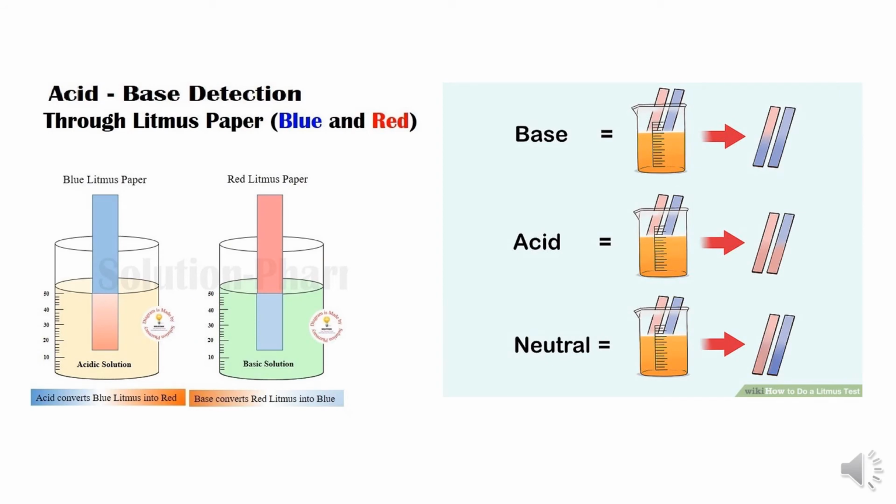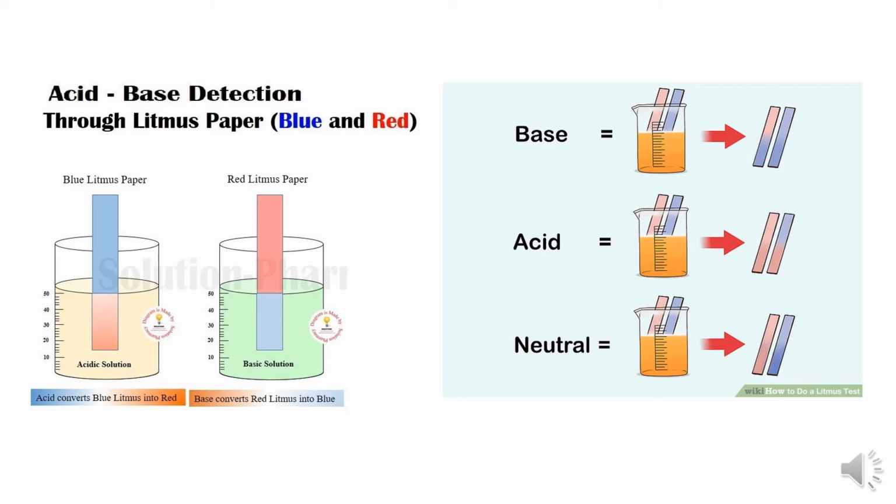Here you can see images related to this experiment. When both litmus papers are sunk in the solution inside the beaker, if blue litmus paper turns red in color and red litmus paper is unchanged, we can say this solution is an acidic solution.